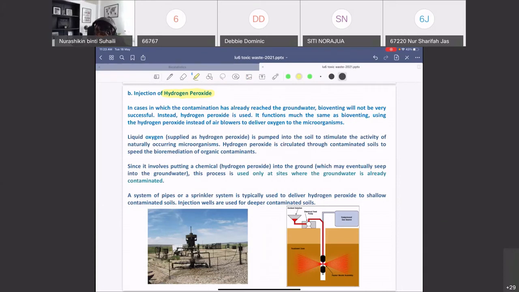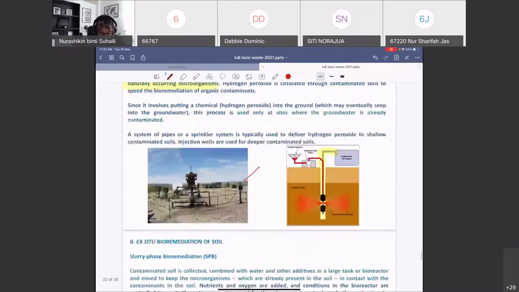So this is an example of the pump that pumps the hydrogen peroxide, yeah, to stimulate the activity of the naturally occurring microbes in the soil, so that the microbes can do the degradation better compared to if, let's say, the oxygen is not provided. Okay, so this is an example of the pictures that show the pump that is built in order to pump the hydrogen peroxide to the soil underground.